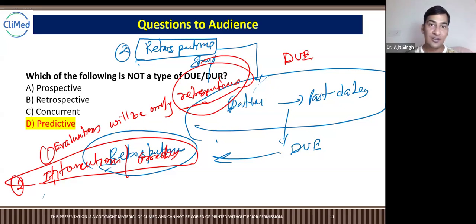That is the major difference. So in retrospective studies you can do only retrospective drug utilization evaluation or review, but you cannot put interventions or do corrections at all, and there is no room for prospective drug utilization.